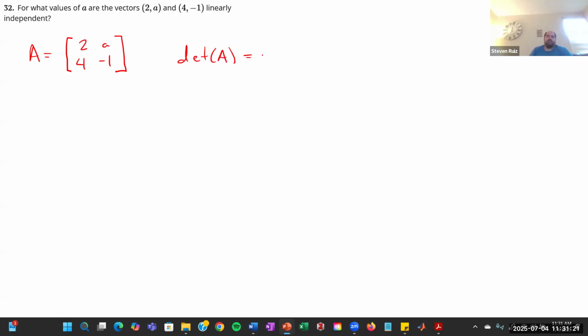So let's find this determinant. Determinant A equals 2 times negative 1, negative 2, minus 4 times A. Let's find where this is equal to 0. So this gives me 4A equals negative 2, or A equals negative 1/2.